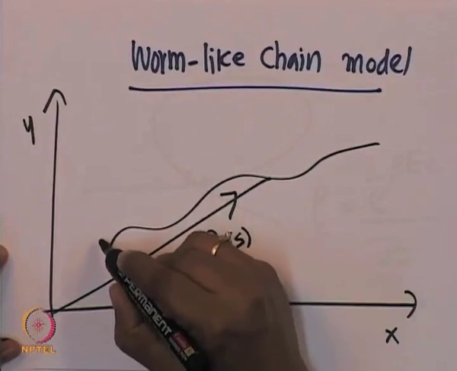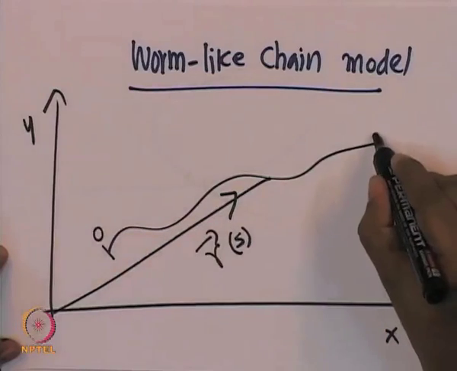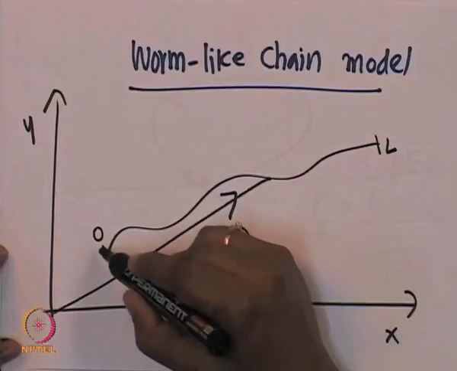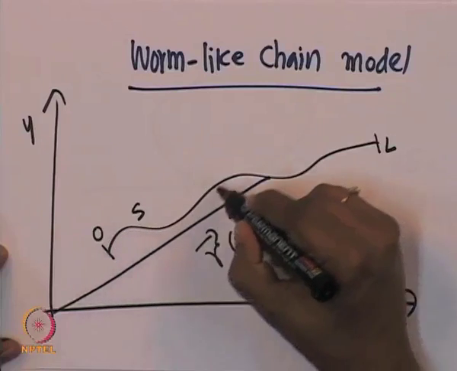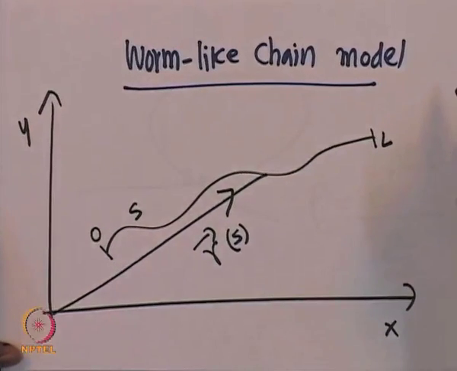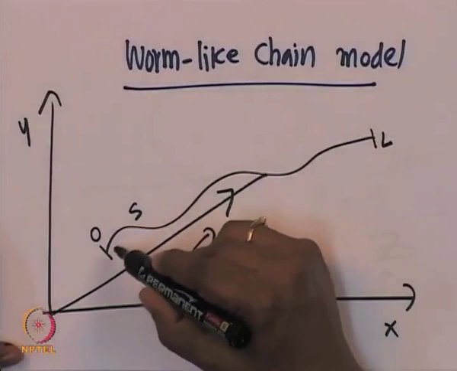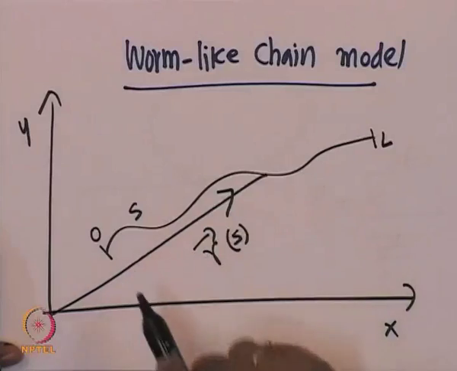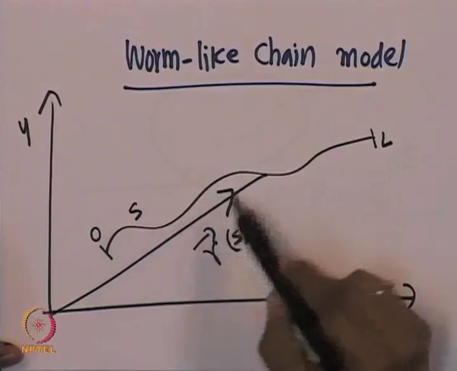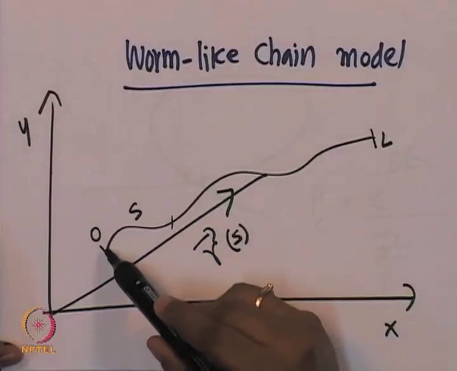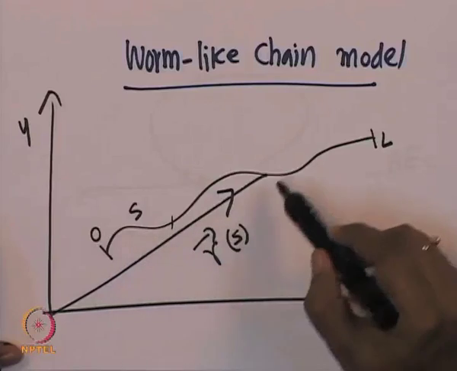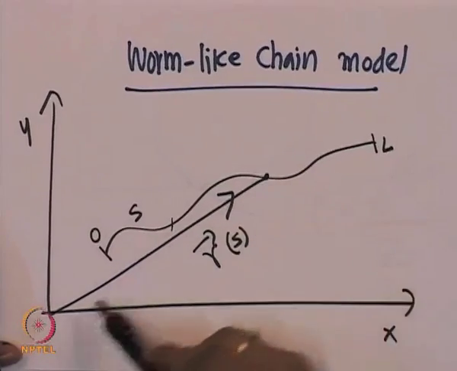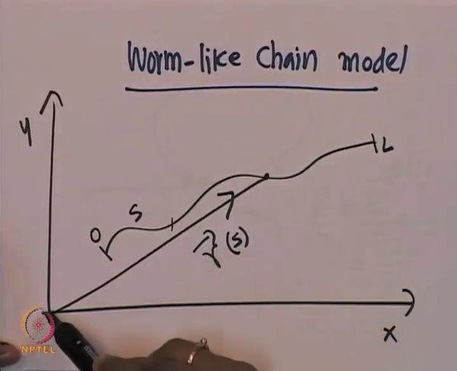This is 0 and this is the length of the DNA L, and you can think of one parameter called S, which is the arc length, the length along the contour of the DNA. S is a parameter that varies from 0 to L. If it is here, S is the length from one end to that particular point along the contour.